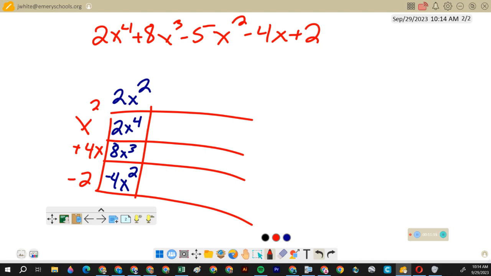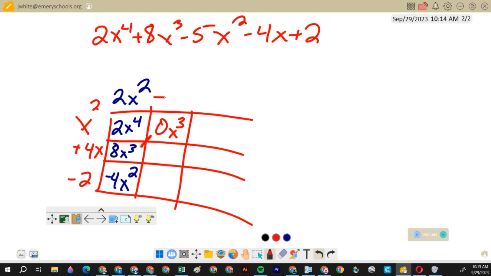Okay. Add a column. These two need to add up to be 8. So how many more x to the 3rds do I need? 0. So 0x to the 3rd. What happens when I divide that by x squared? What is 0x to the 3rd divided by x squared? Not x, 0x, which we don't really need, right?